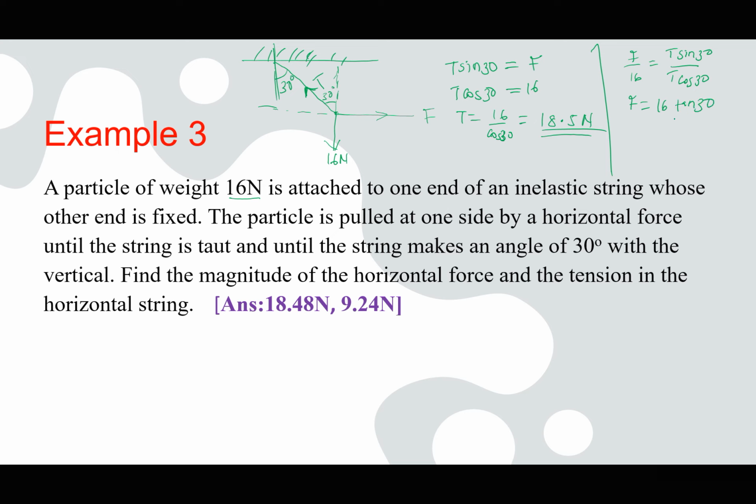So that is going to be 16 tan of 30, which would be 9.24 or 9.2 newtons. Alternatively, you can get the tension of 18.5 and substitute in the first equation, which has F.